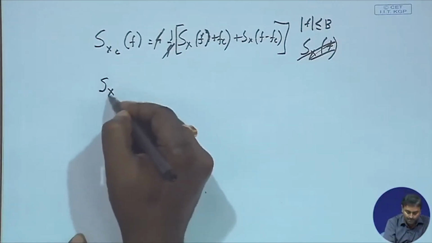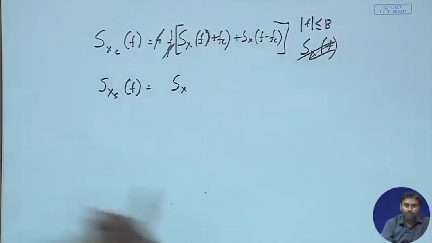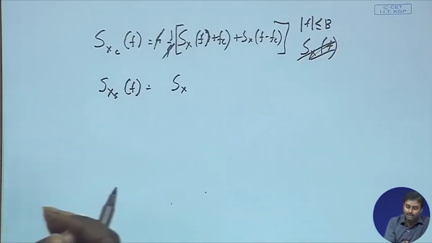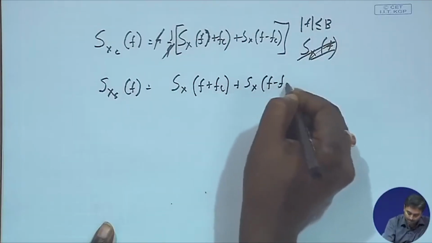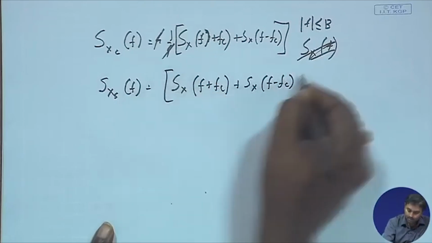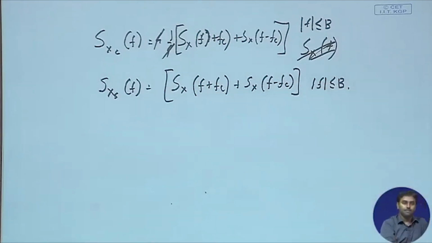Similarly, S xs f also will be the same, because whatever sign is there, it does not matter when you take power spectral density, it will be squared and all other things will be cancelled, it will just be plus again, S x f plus fc, S x f minus fc, again defined for this. Okay.